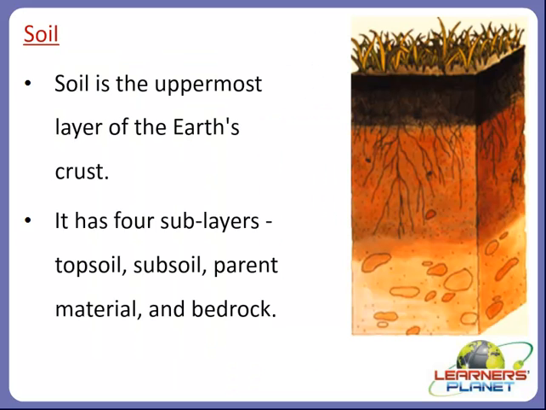Now we will study another important abiotic component called soil. As you know, students, soil is the uppermost layer of the Earth's crust. It has 4 sublayers: topsoil, subsoil, parent material, and bedrock. Now this one is considered to be the organic layer because it is composed of organic matter.